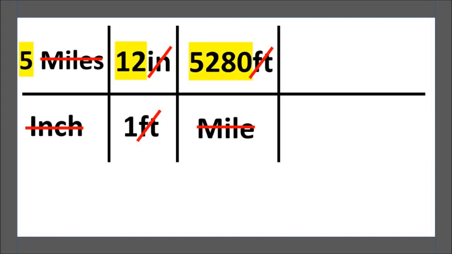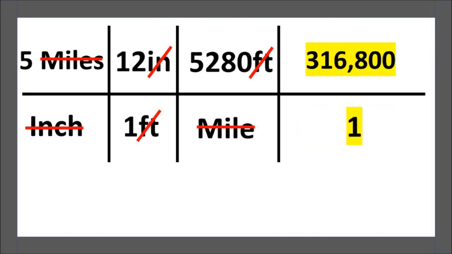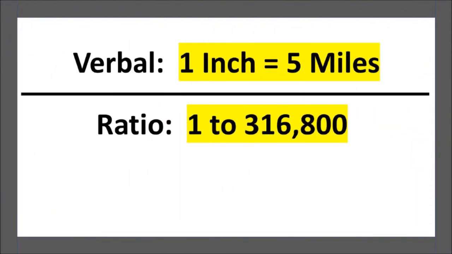Across the top, we have 5 times 12 times 5,280. Across the bottom, 1 times 1 times 1. We clean that up, and here is our ratio. So 1 inch equals 5 miles, and as a ratio, that's 1 to 316,800. Oh, we're not through yet.